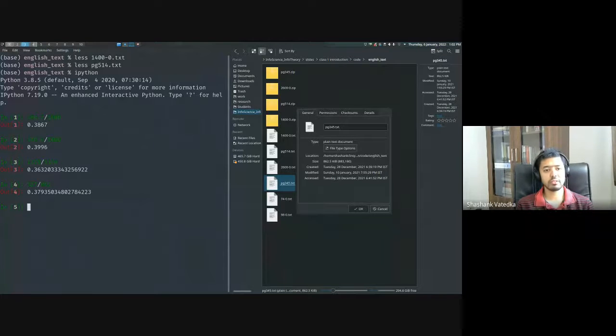Right. So we see that no matter which file I compress, these are all books by different authors, but the compression ratio roughly is the same. The only common feature is that these are English books. All right.